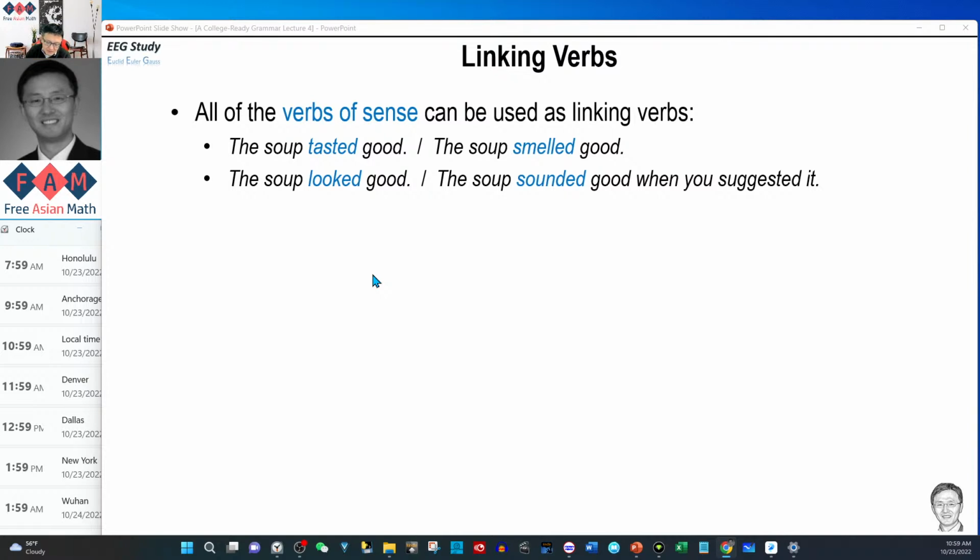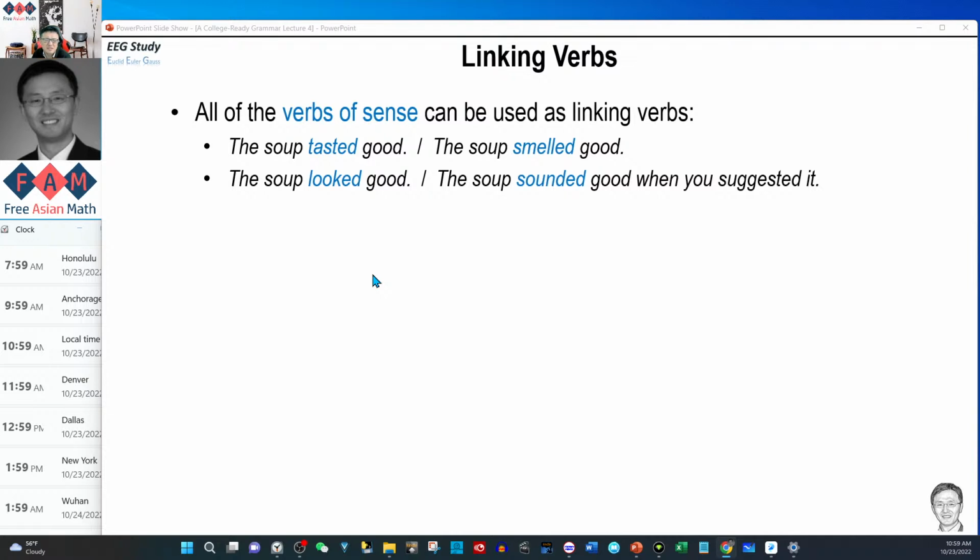Well, the soup sounded good when you suggested it. This is also a linking verb. Also, in this sentence, it's a complex sentence. We have a clause, when you suggested, giving the context why the soup sounded good.